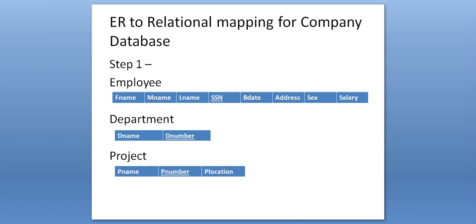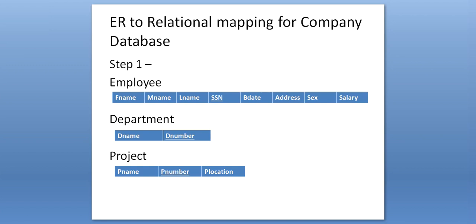But one thing we need to see is that we have to include only simple attributes and components of composite attributes, and nothing is mentioned about multi-valued attributes in step 1. So we will just ignore the multi-valued attribute location for now. So we will have only two attributes for the department relation, dname and dnumber.